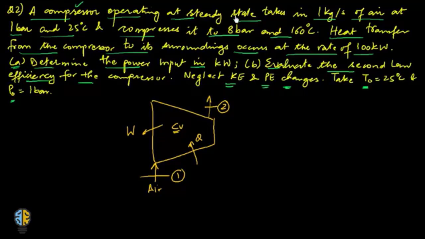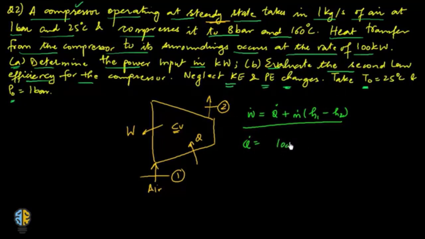Now because it's a steady state operation, the steady flow energy equation for the compressor would be W dot equal to Q dot plus m dot into (h1 minus h2). I know the value of Q dot, which is 100 kilowatts.